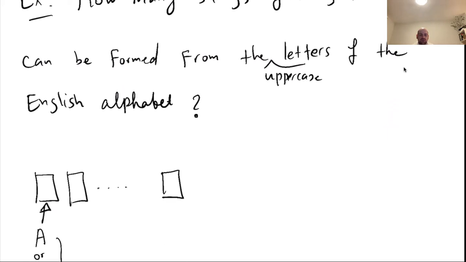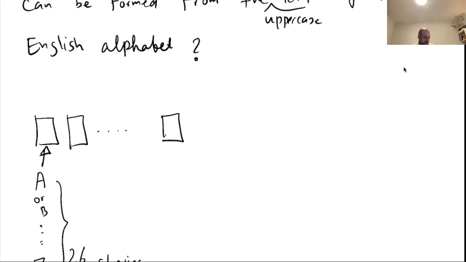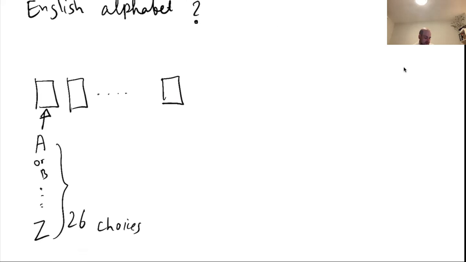And repetition is allowed. You're allowed to have the same letter repeated, and you can put the same letter next to each other. So again, for the second position, you have again A, B, all the way to Z. Again, 26 choices.